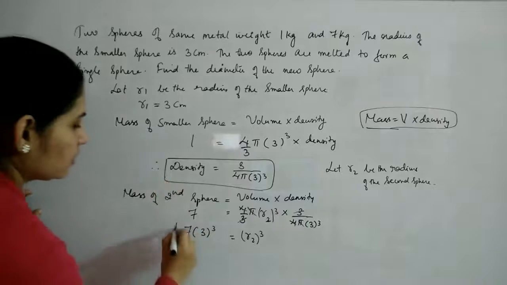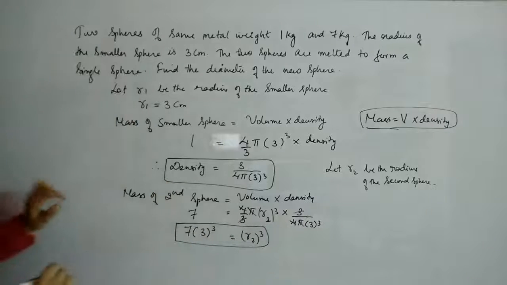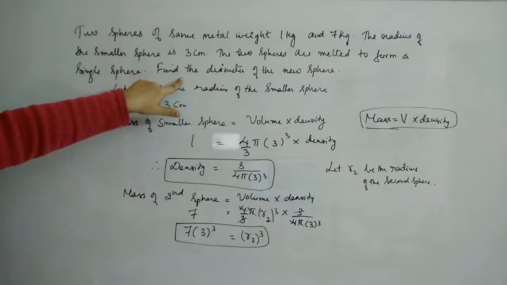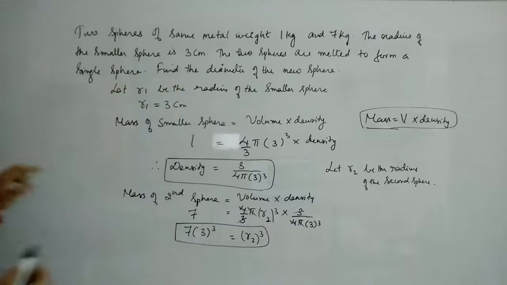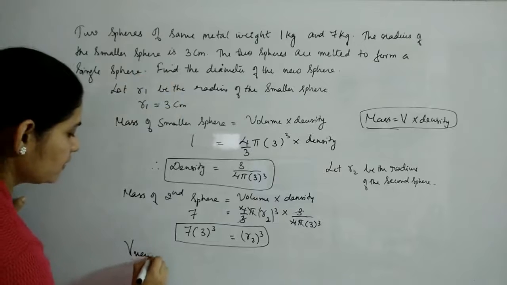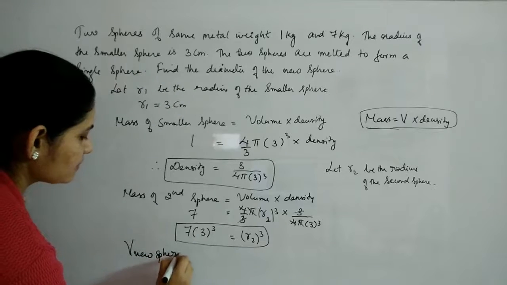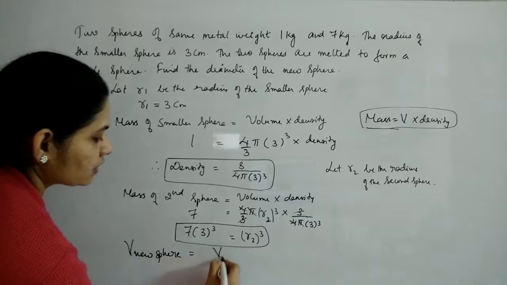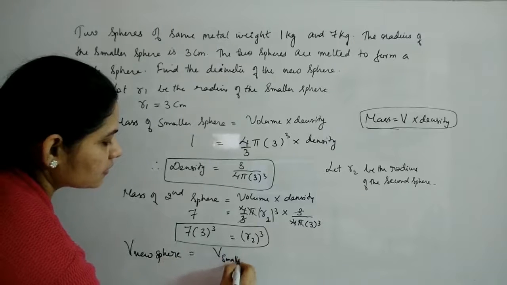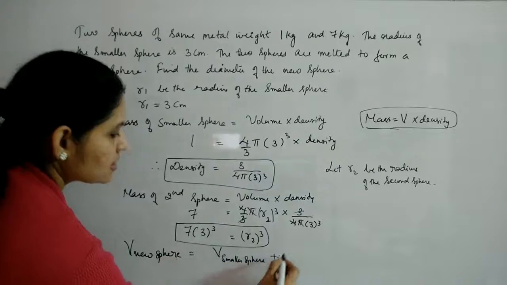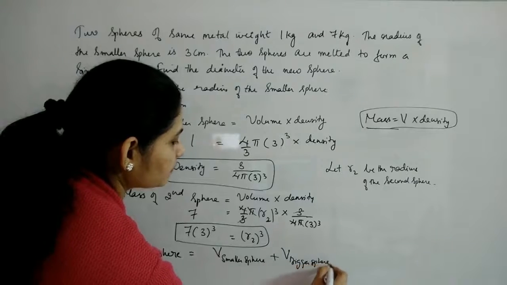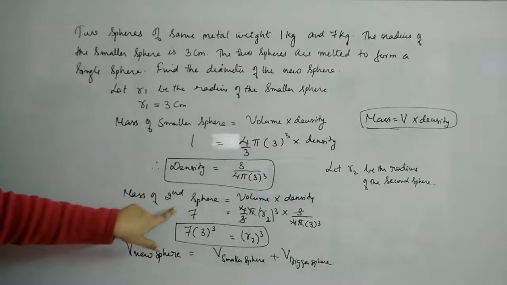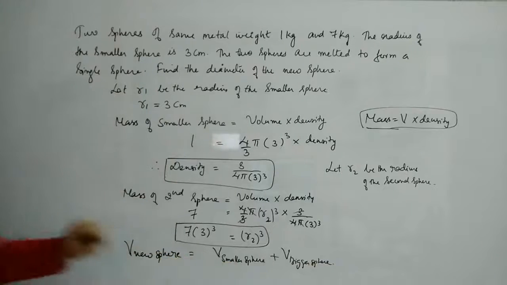Now, this is your R2 cube. Now, what is the concept? For the new sphere, you can add, that is the volume of the bigger sphere, that is a new sphere, will be same as volume of the first one, that is smaller sphere, plus volume of the bigger sphere, or the second sphere. So now we are just adding the two.